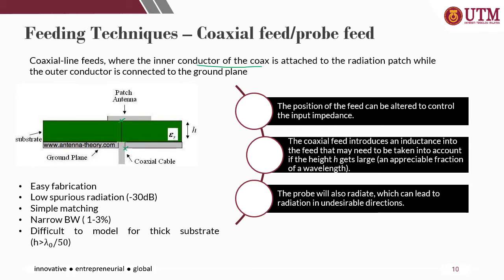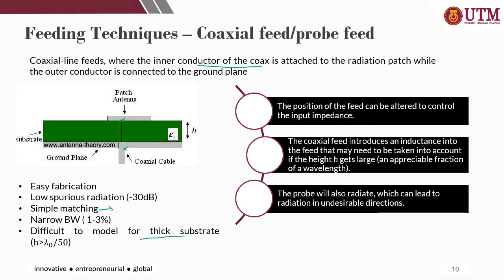The coaxial feeding technique is easy to fabricate, has low spurious radiation, and simple matching by controlling the feed position, but it has narrow bandwidth, between 1 to 3% only, and it is a bit difficult to model or to fabricate when the structure has a thicker substrate.